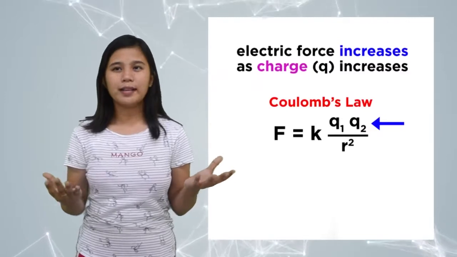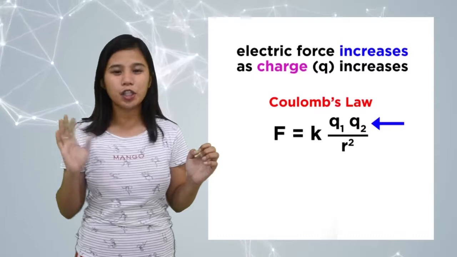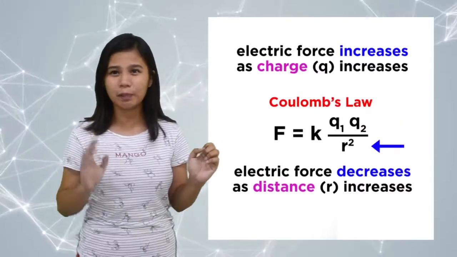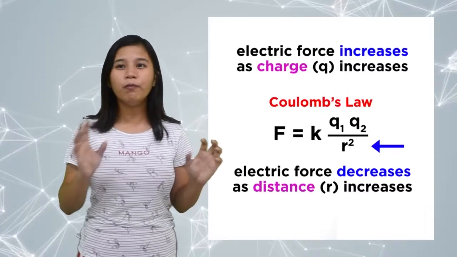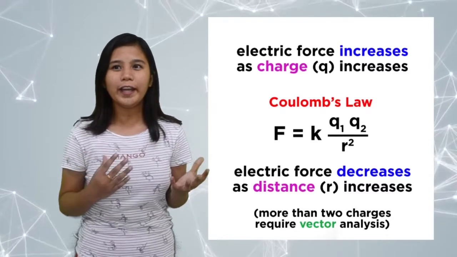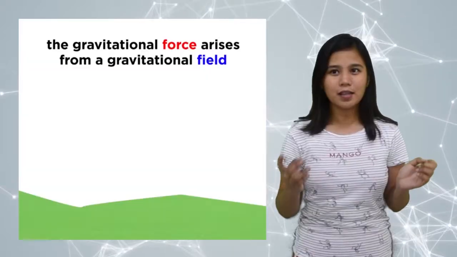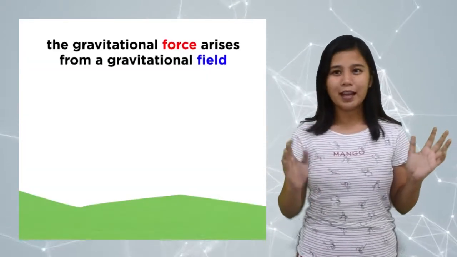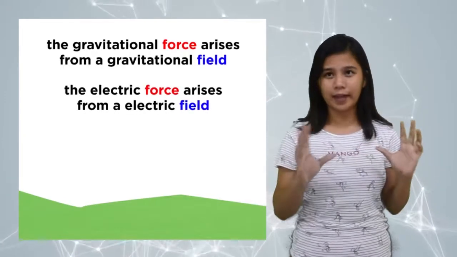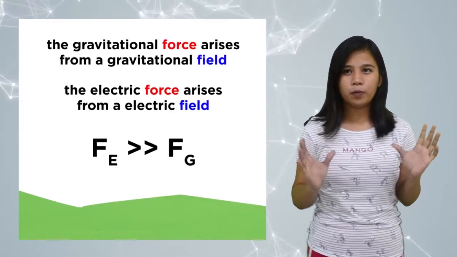This law also tells us that the electric force between two objects increases as charge increases and decreases as the distance between them increases. If more than two charges are present, vector addition must be done to find the net force upon any particle in the system. Just as a gravitational field is what allows the gravitational force to propagate, it is an electric field that allows electric force to propagate.